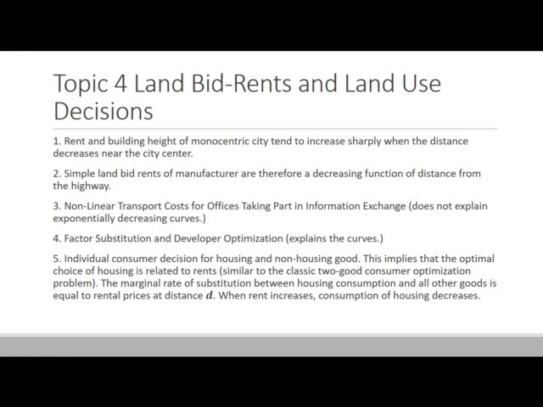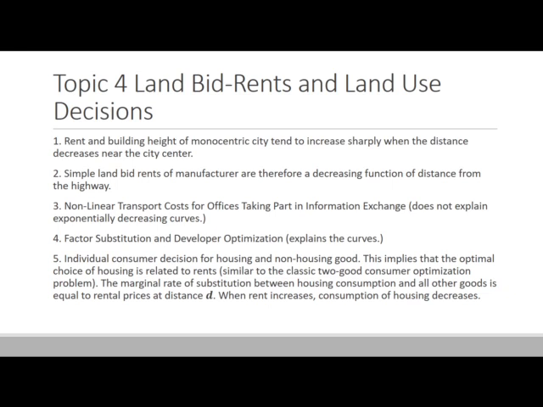Okay, and after that, we introduced the fourth one, called factor substitution and developer optimization. Basically, in this case, the idea is that we allow the developers to use capital to replace land.